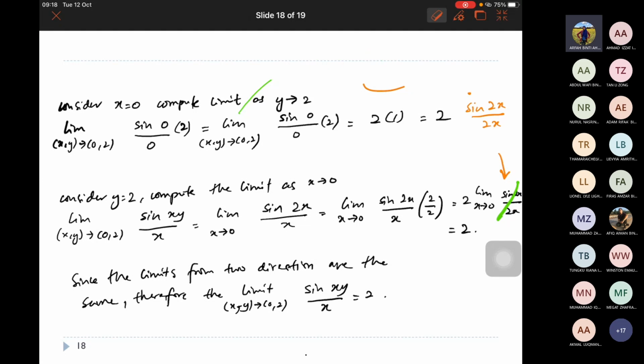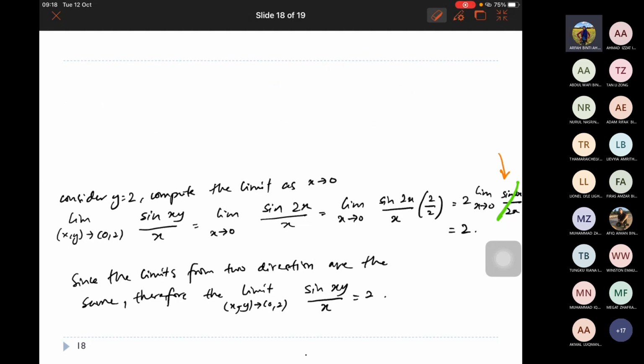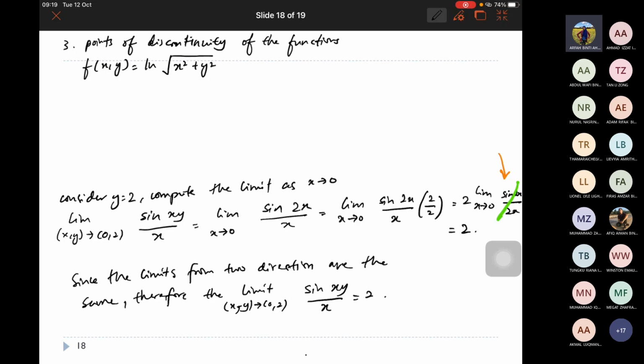So the second question, soalan ketiga, point of discontinuity, okay, continuity of the function f(x,y) equal to ln square root of x squared plus y squared.